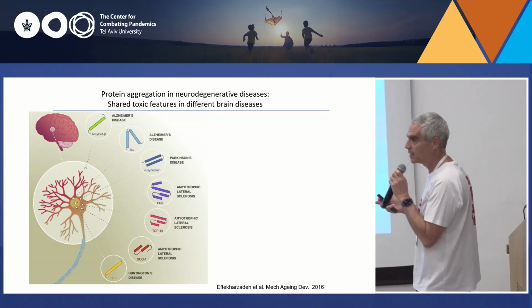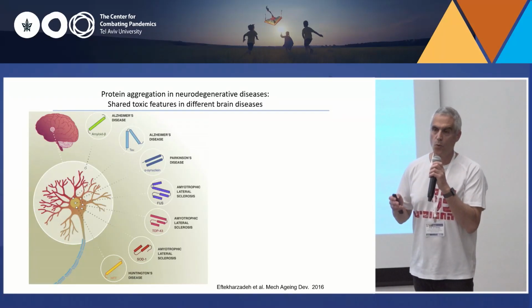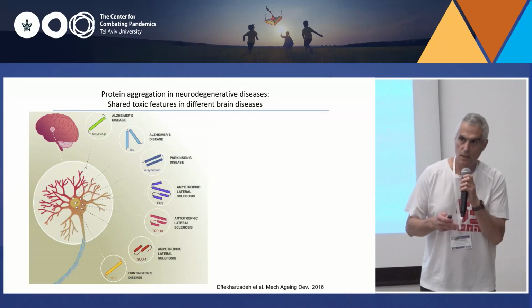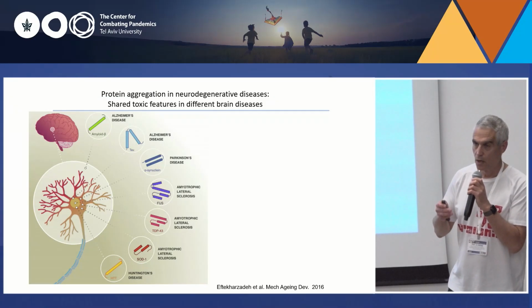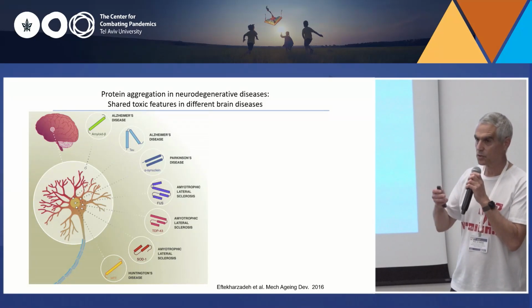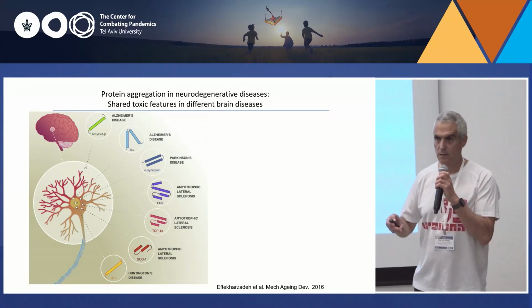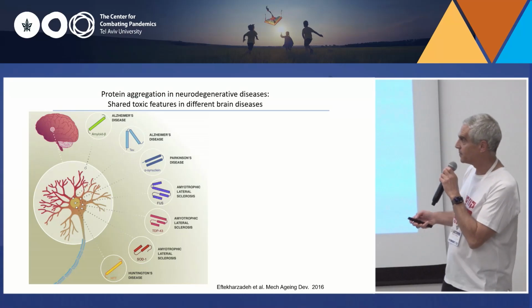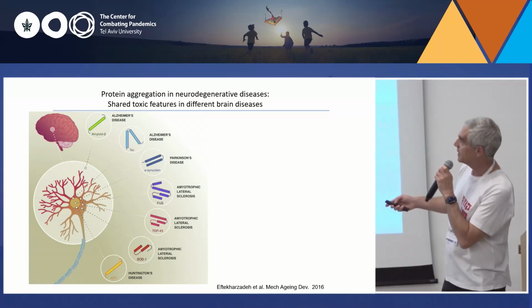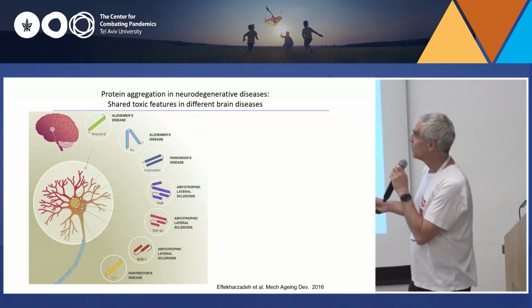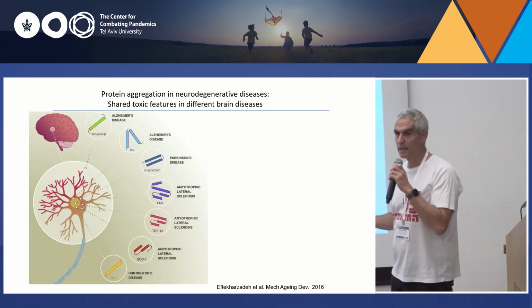So we know that in many neurodegenerative diseases, we have a process in different cells where a protein, which has a physiological function, will start to aggregate and form clusters, aggregation, plaques. It comes in different flavors. So for example, we have in ALS, TDP43, we have in Alzheimer's disease, tau and A-beta.